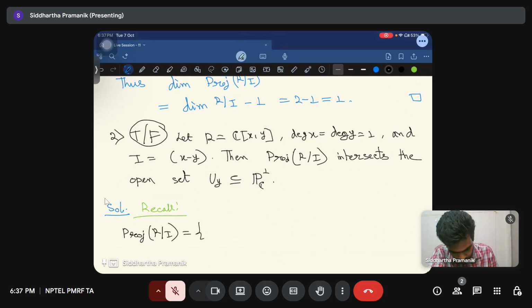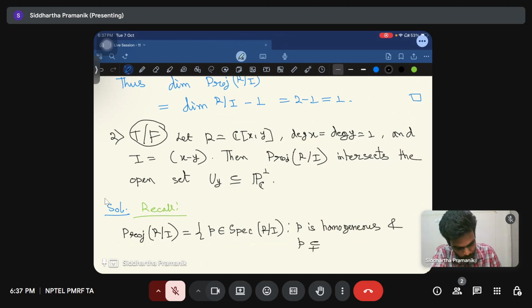This is the set of P belonging to Spec of R mod I such that P is homogeneous and P is a proper subset of the homogeneous maximal ideal, which is generated by x bar comma y bar.